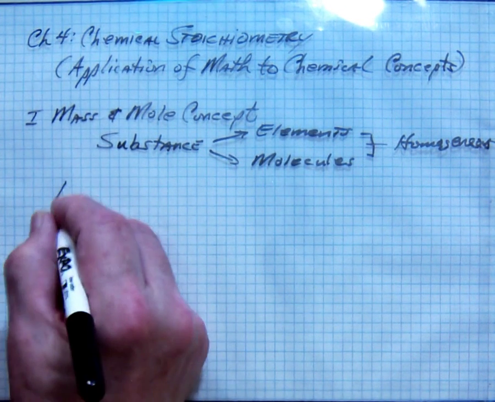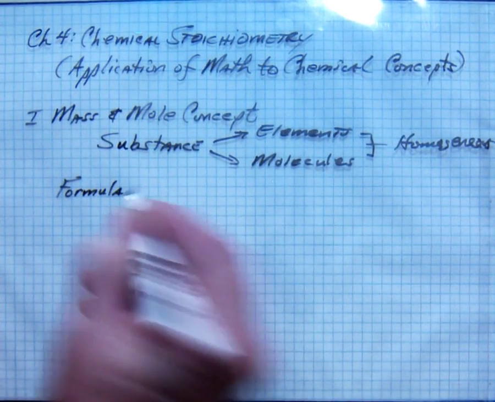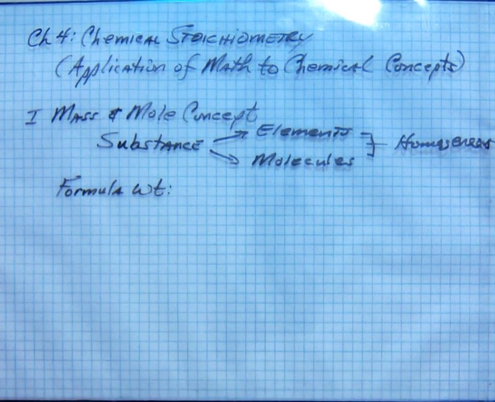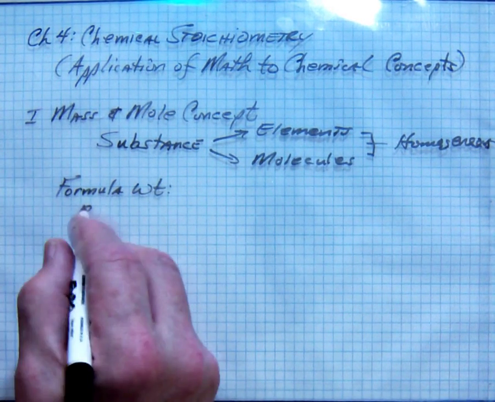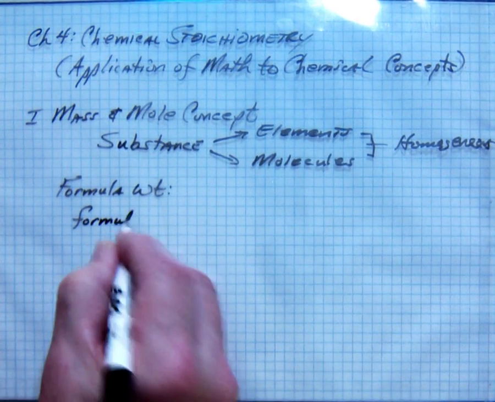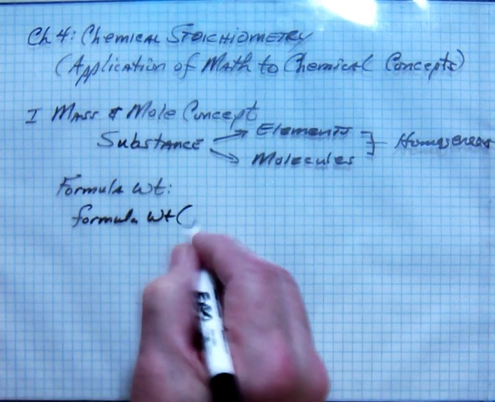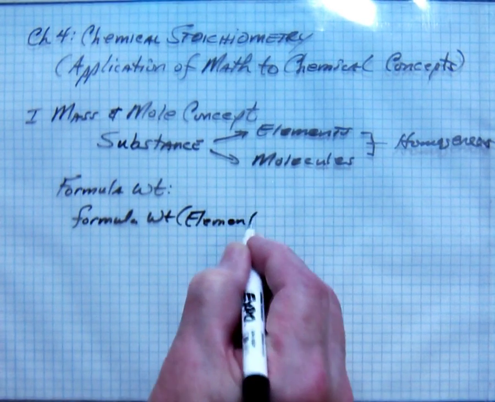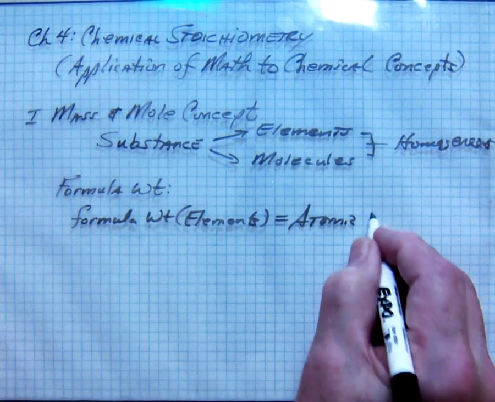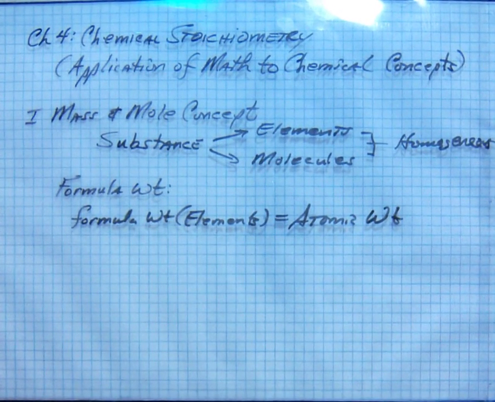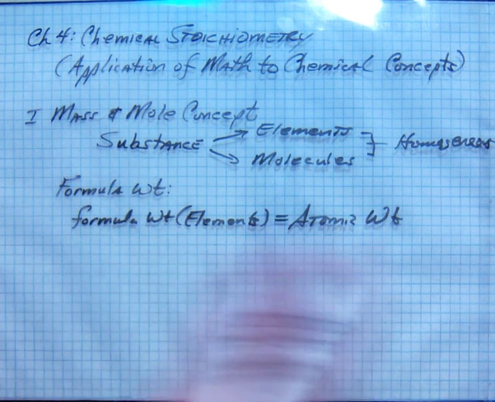So, formula weight. Now we have formula weights of elements, and we have formula weights of molecules. The formula weight of an element, just to add a note to your notes, typically is, of course, the atomic weight. Now, in working problems, I found it easier and more expedient to round to the nearest whole number on these formula weights.